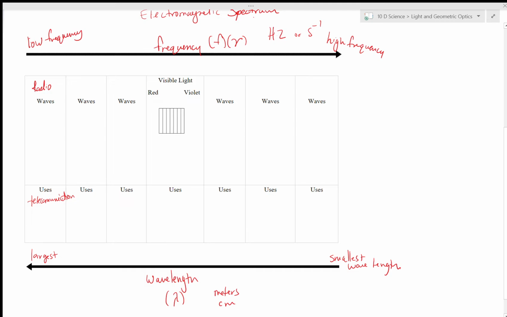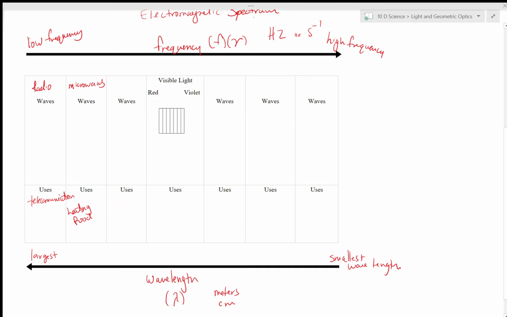Immediately following the radio wave, we're getting smaller in terms of wavelength but larger in terms of frequency, and we have our microwaves. We use microwaves for lots of different things. Some of it is communication. Heating food is another thing, or heating. So we use microwaves for that.